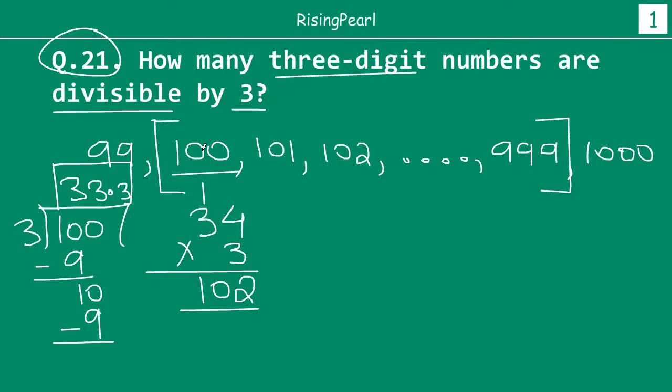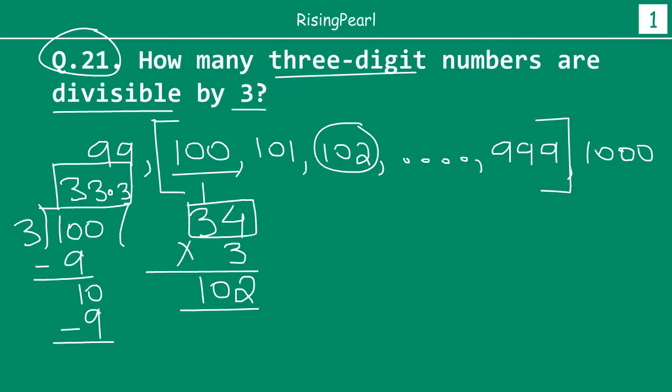So when we divide 100 by 3, we get 33.3, which means 100 is not divisible by 3. The immediate next whole number greater than 33.3 is 34. If we multiply 34 by 3, we get 102. It means 102 is the first three-digit number which is divisible by 3.